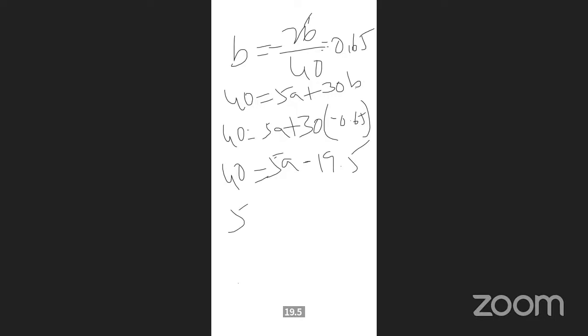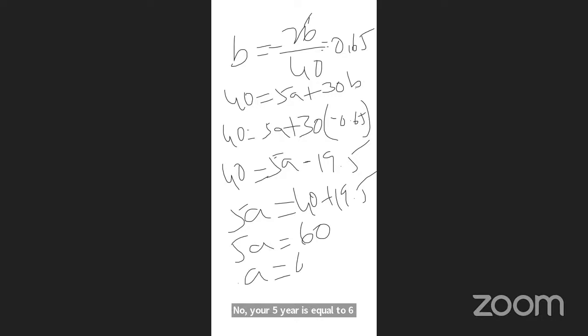So now 5A is equal to 40 plus 19.5, which is 59.5, or you can make it 60. Now 5A is equal to 60.